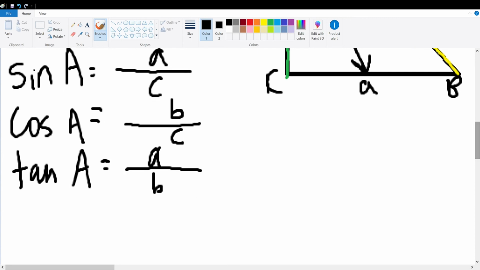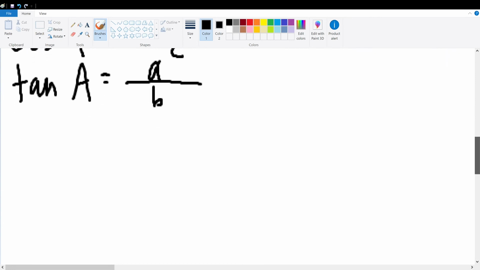Now we have a solid understanding and a background of sine, cosine, and tangent within right triangles. Let us move on to secant, cosecant, and cotangent.